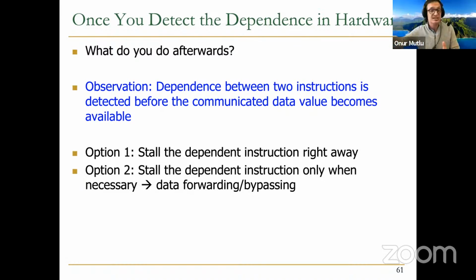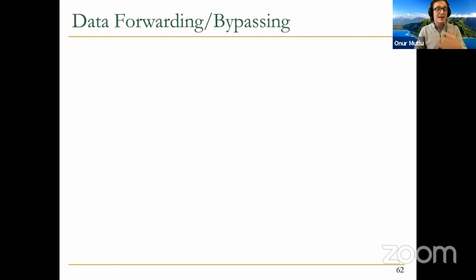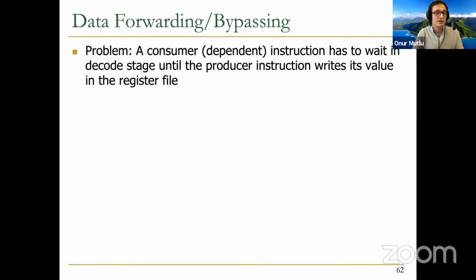We have all these stages that the instruction needs to go through to write to the register file. Don't wait because the result is available. Just bypass or forward it to the stage that's reading the register file. There could be multiple other options, as we will see, but I'm not going to talk about them. So that's the idea of data forwarding and bypassing. I'm going to give you the idea, and then we're going to finish up over here.